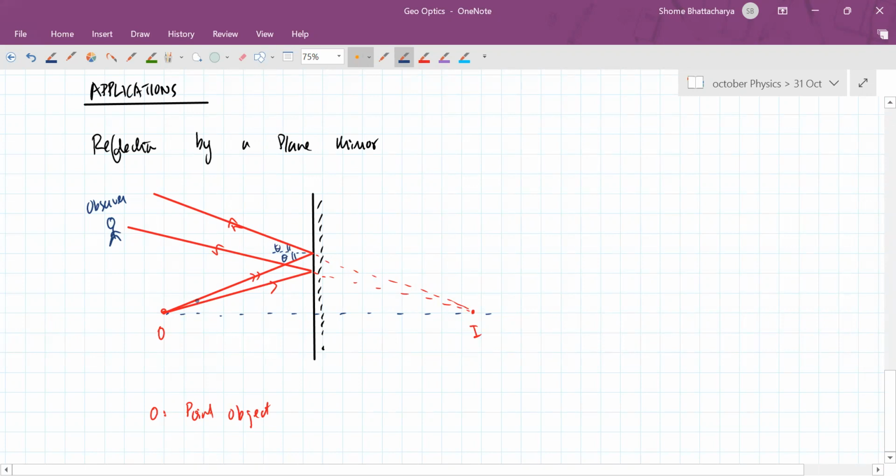So here, this angle theta is equal to this angle theta. Okay. So similarly here, if this angle is some phi, this angle will also be phi. So all these triangles, they are congruent. Okay. So therefore, if this distance is x, then this is x behind.